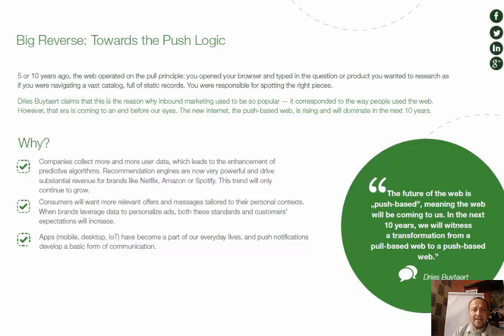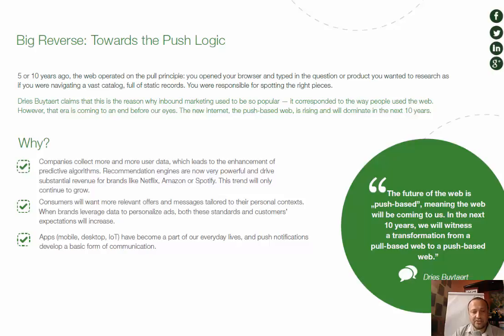Why is that? Companies collect more and more user data, which leads to the enhancement of predictive algorithms. Recommendation engines are now very powerful and drive substantial revenue for brands like Netflix, Amazon, or Shopify. This trend will only continue to grow. Consumers will want more relevant offers and messages tailored to their personal context.